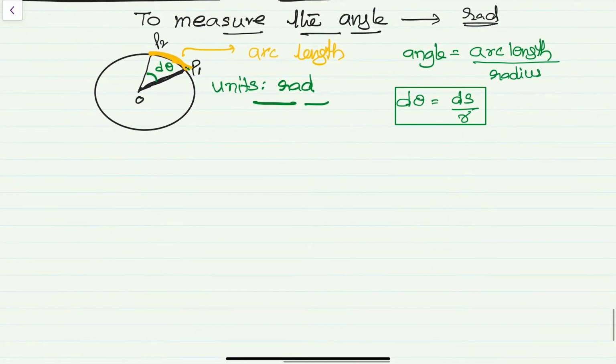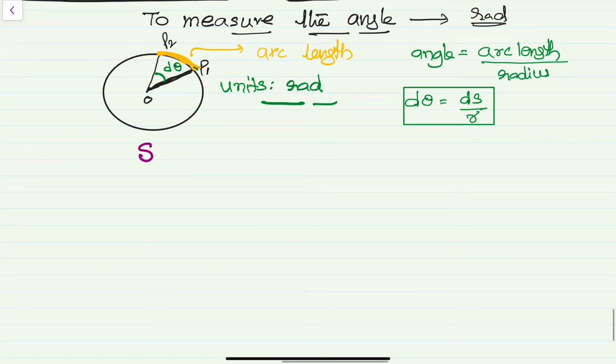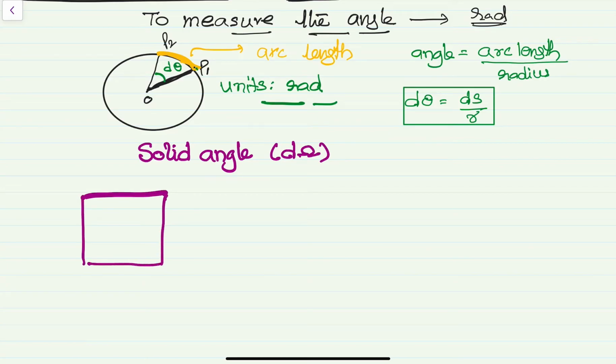And the other angle is called solid angle. This is indicated as d omega. See, you can see a plain paper. Just fold it in a cone format.